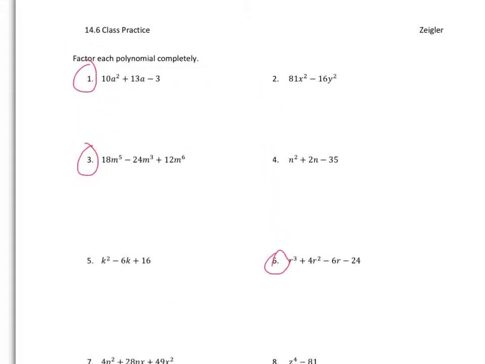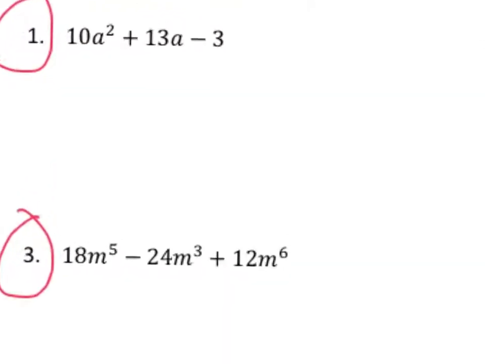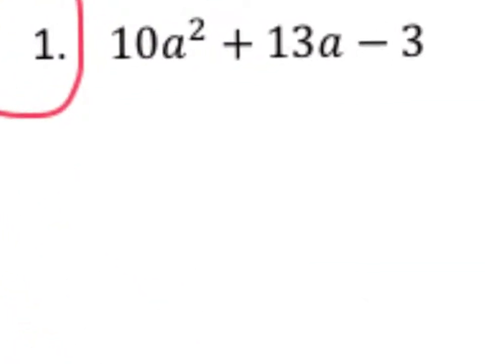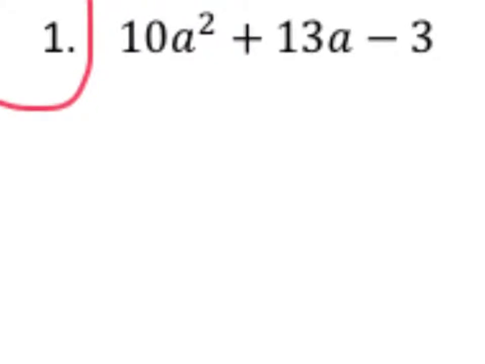So let's look at 1, and what I want you to do is go ahead and practice this problem using grouping. So we're going to write our brackets, and we'll multiply the first and third term and put a negative 30 in our first column and write the 13 for the middle term in our second column.